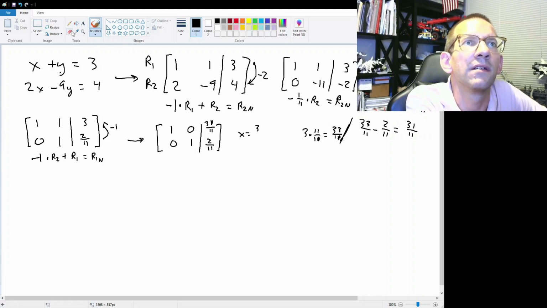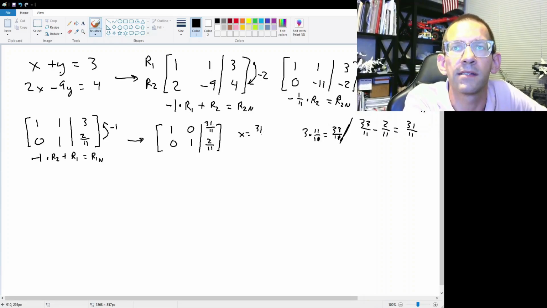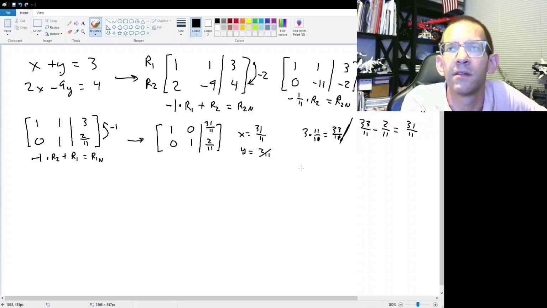Let's see, eraser. So x is equal to 31/11, and then y is equal to 2/11. And you can check this.